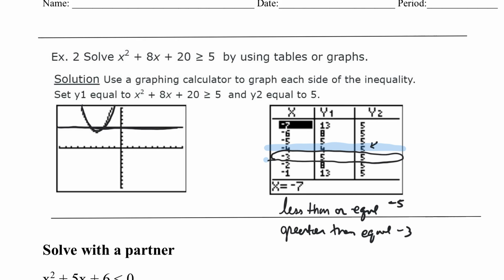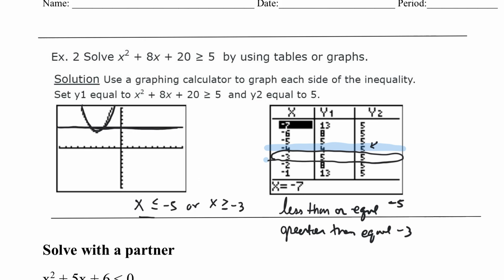So you're probably asking, what is the solution? The solution will be less than or equal to -5. In other words, any x value that is less than or equal to -5, or x has to be greater than or equal to -3.